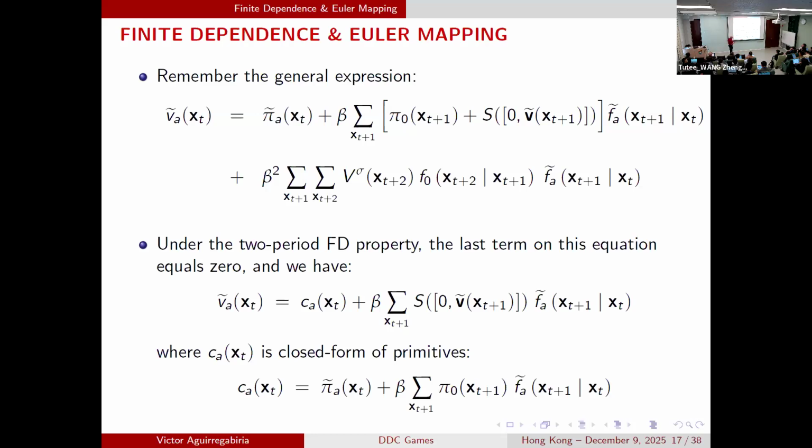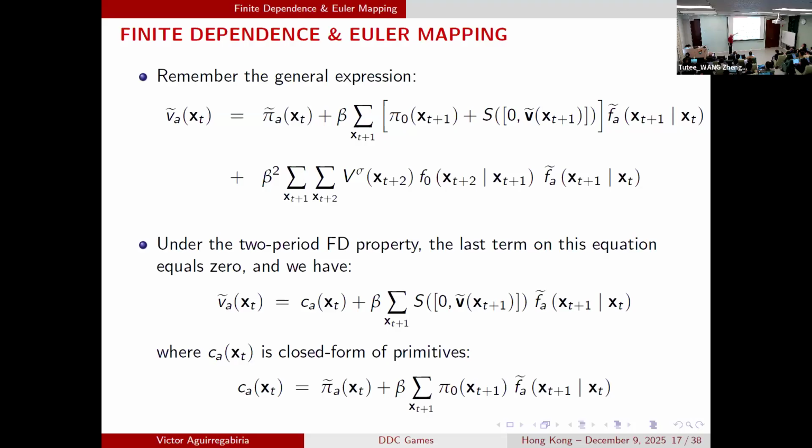Implicitly in this F tilde there is alternative 0. If after that you choose alternative 0, or some other choice, then we have the same distribution of xt plus 2. And therefore, this term is equal to 0.